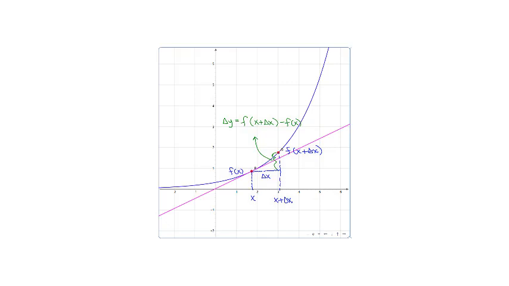But what I want to show you is how the derivative is a decent approximation to what delta y is. So if I take the derivative and evaluate it at x, then I get the slope of the curve at that particular point. So the slope of this line right here is my derivative function evaluated at x.